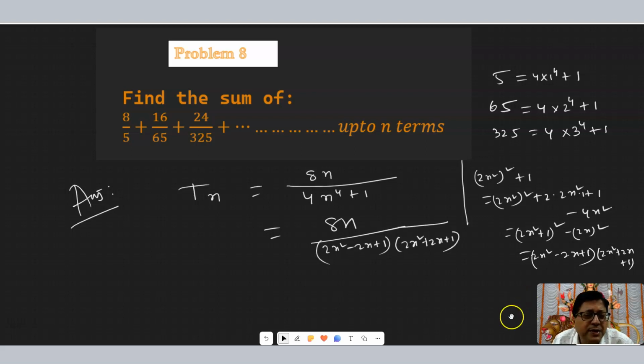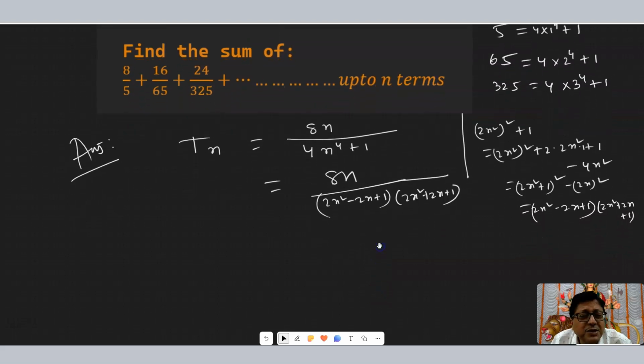Can you write this one as a telescoping series? We can. How? Why? Because like the previous sum, this minus this is 4n, not 8n, but doesn't matter. 2 into 4n you write. The manipulation I told you, the modification of the nth term, sometimes can be done by observation also. You just write 2 into 4n.